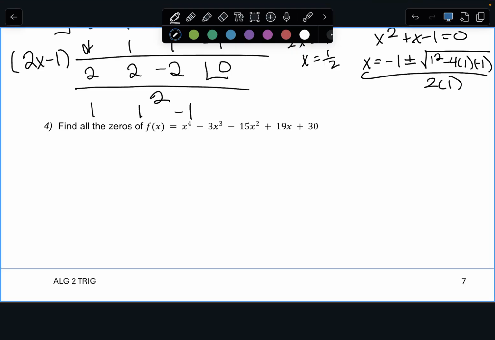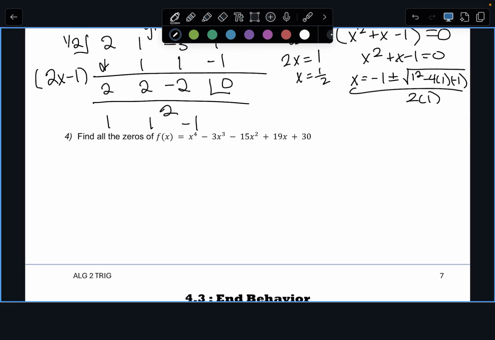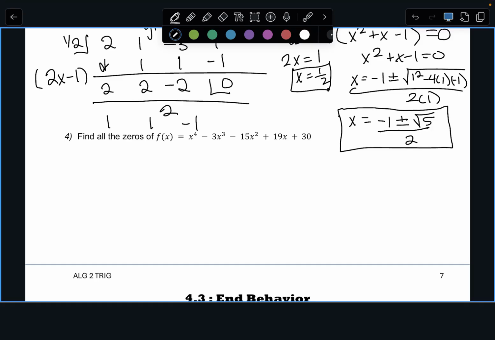All over 2a, 2 times 1. Okay. This would be 1 plus 4, so that's 5. So we get -1 plus or minus root 5 over 2. And that cannot be simplified anymore, so that is my solution. And if we plug this into the calculator, we get those same decimals that we saw on our graph.